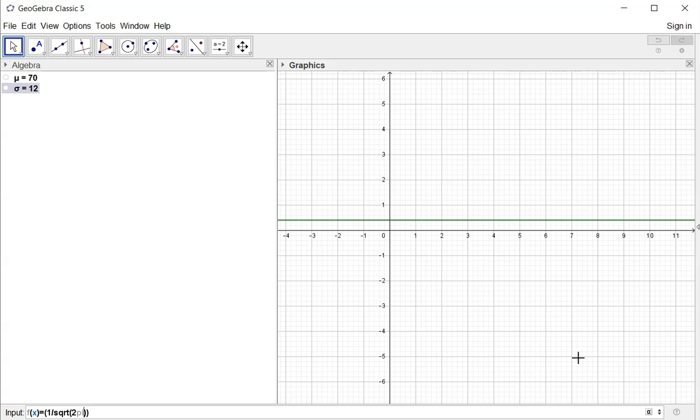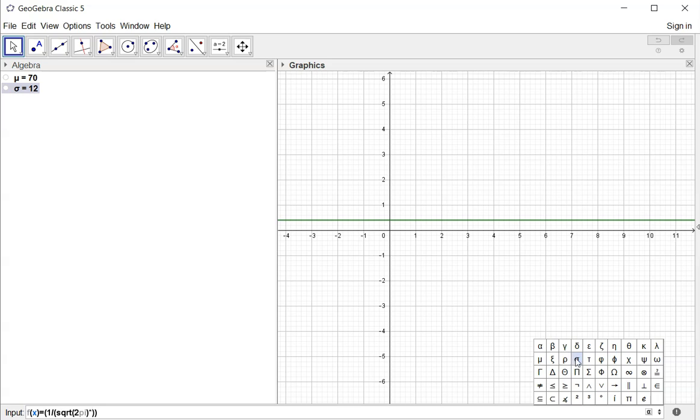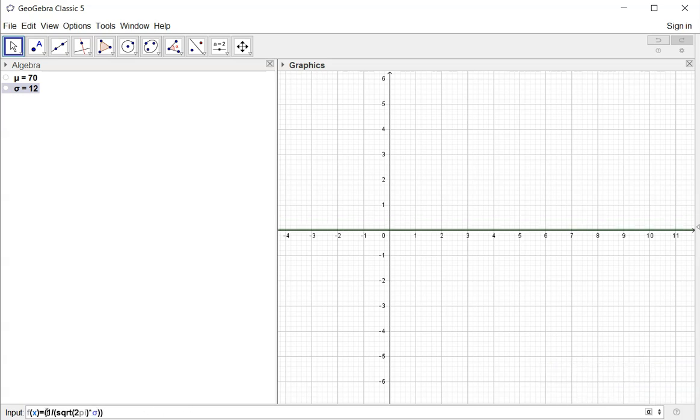So 2 pi, and then I'm going to multiply by sigma. So put sigma in there. So you have 1 over square root of 2 pi times sigma.